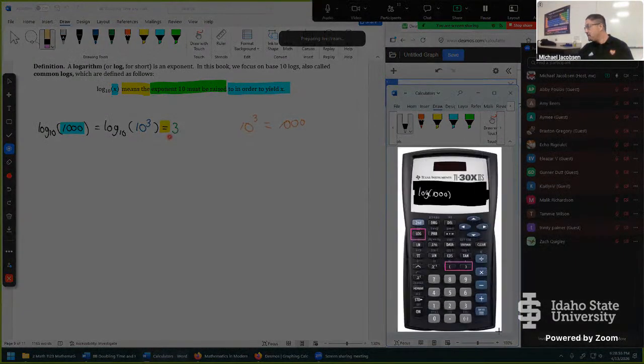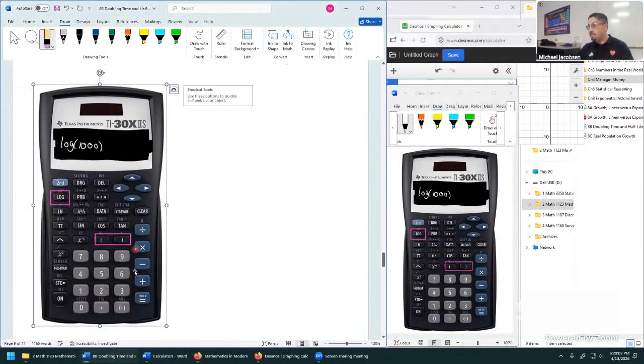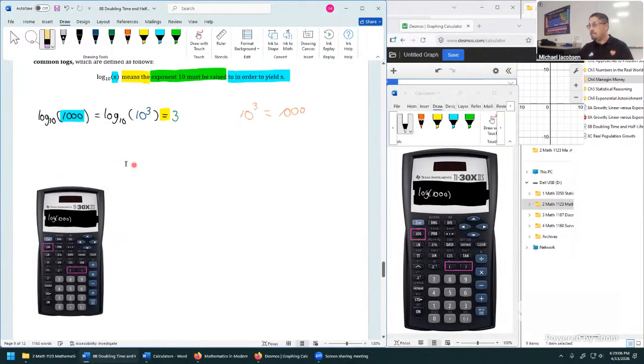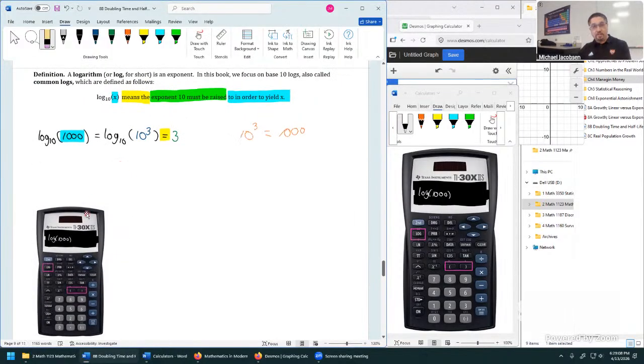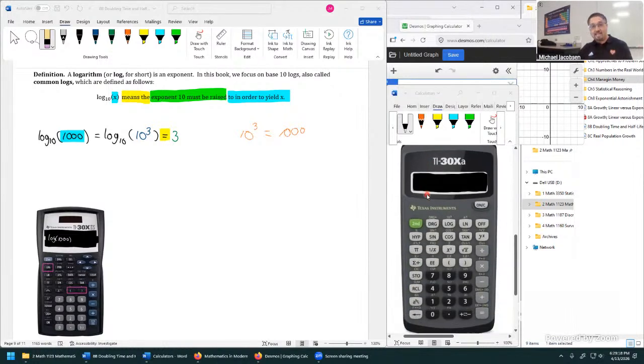Now let's turn over to the other calculator. I think this calculator is convenient, but you might have learned how to do plenty of operations in a totally different calculator. So then this one's no longer convenient. So in the TI-30XA, everything goes a little bit different.